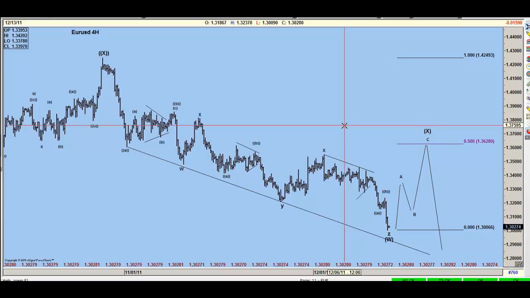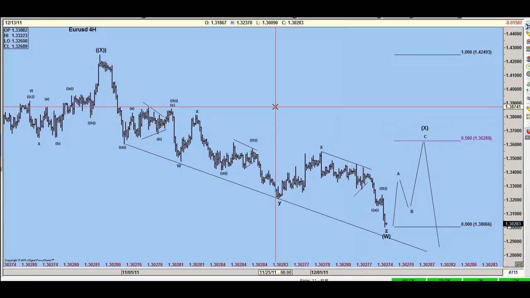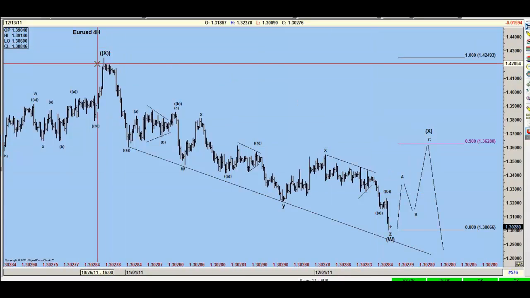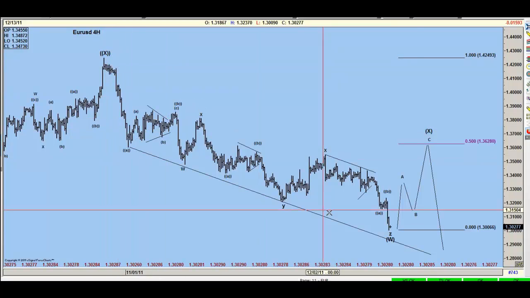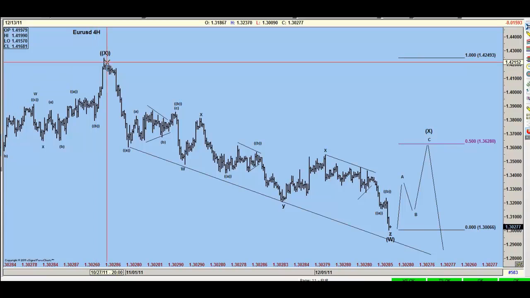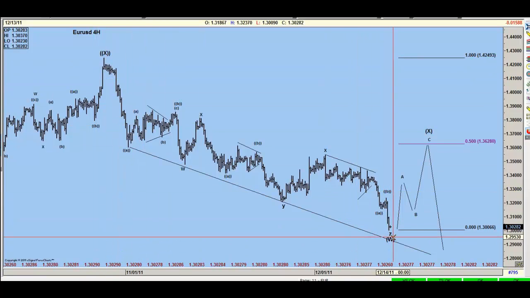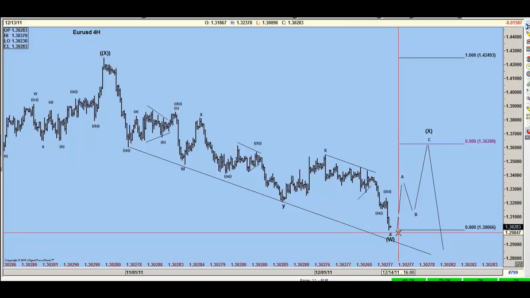And then I started playing today after the forum a little bit with the euro dollar, and I drew this conclusion. First, this is an 11-swing corrective move, and this move is about to end or ended at the 130.06 area, and it's going to bounce in 3 waves.